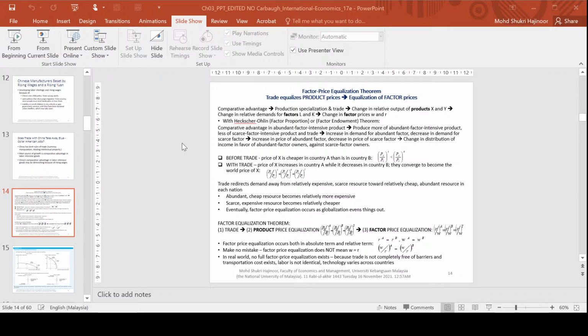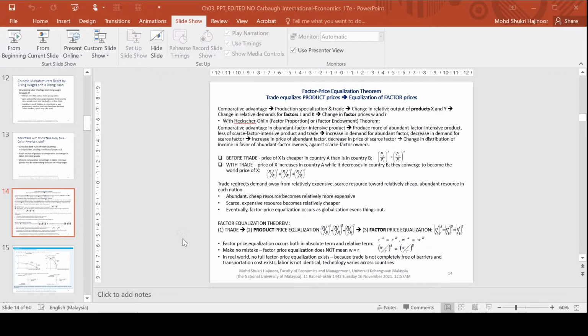With trading, one thing happens: product prices will equalize. Now, the theory we're talking about is not product prices, but factor prices. So what happened? This is pre-trade, this is with trade. Equalization.